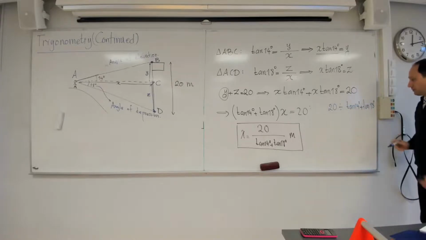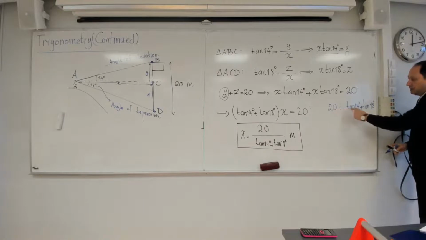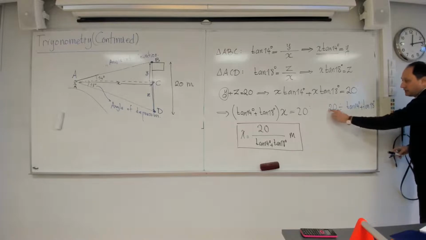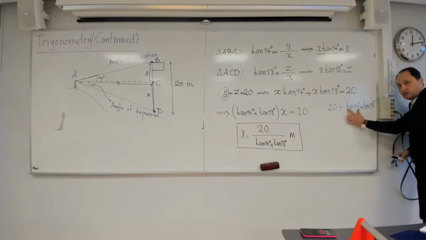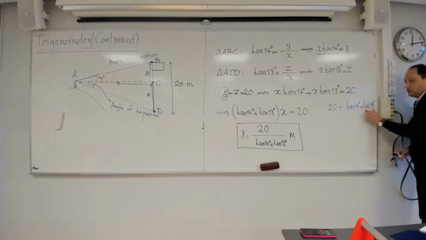So be careful. If you just punch these things in your calculator, you get the wrong answer. Because if you punch this in, it divides 20 by only this part. When it got the answer, it adds the answer to tangent 18.